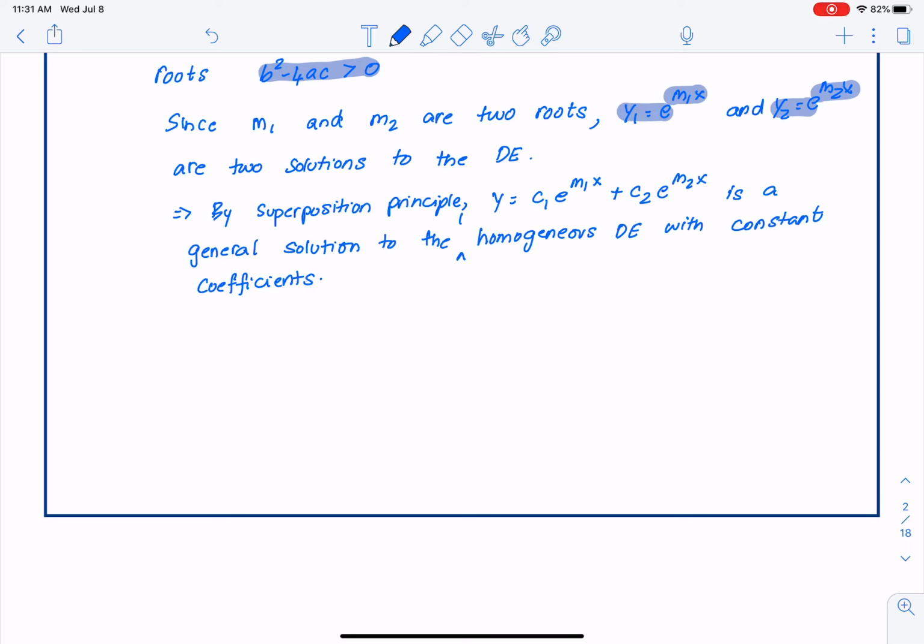I should say linear homogeneous DE. Great. Now here c1 and c2 are arbitrary constants. And that is case 1.